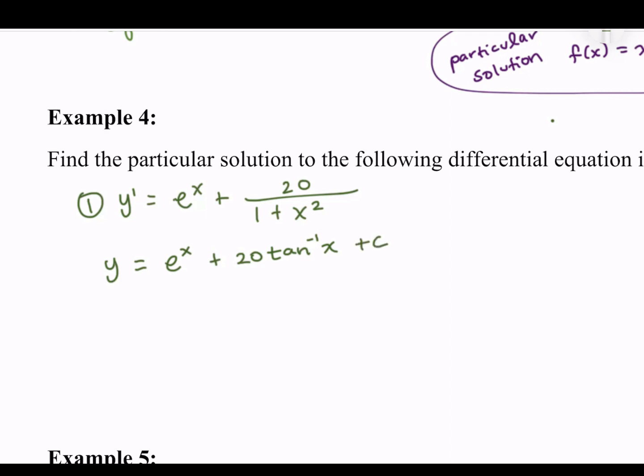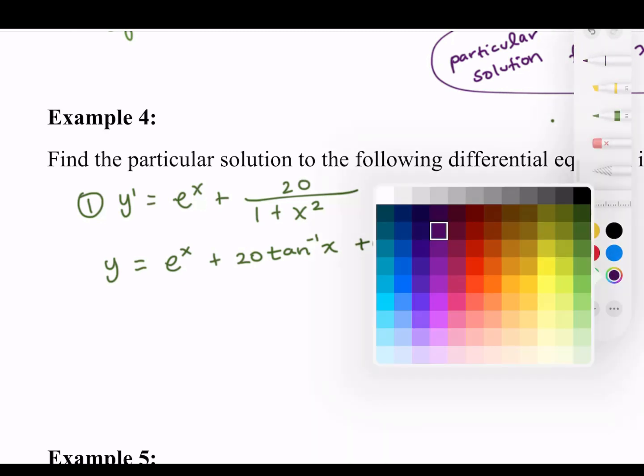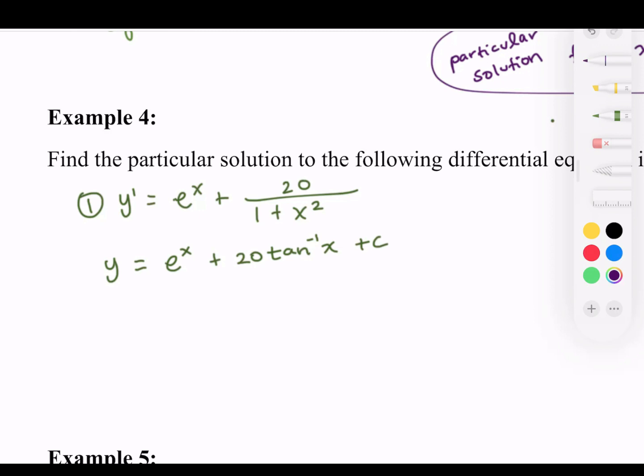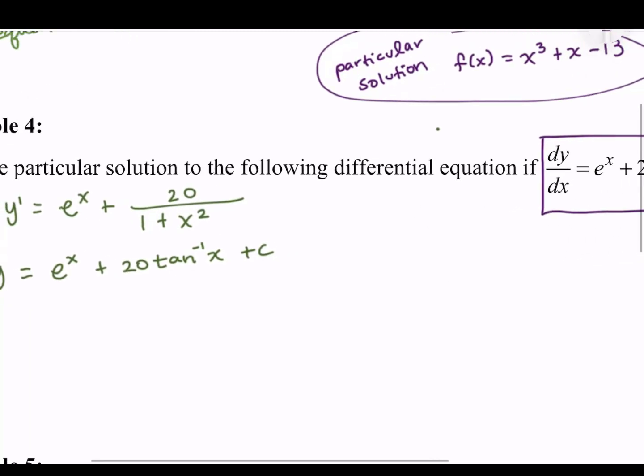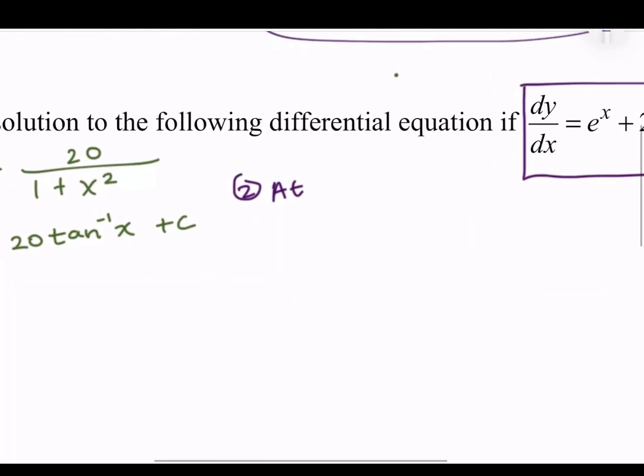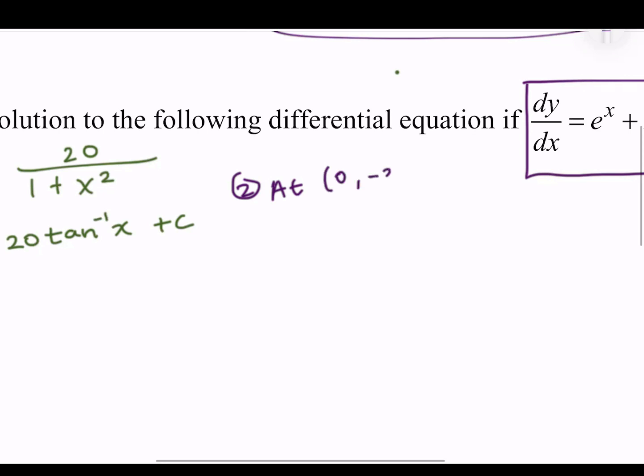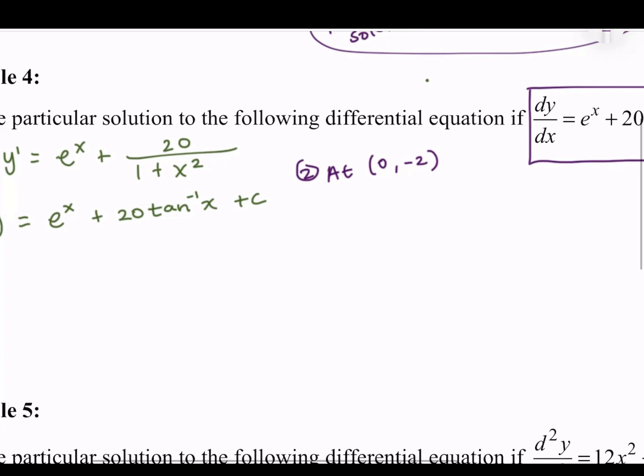So there's my general solution. And then I'm going to use my initial condition to solve for what c is. So step 2, I'm going to use the fact that at 0 we get -2. So I'm going to plug 0 into my equation. So I get e to the 0 plus 20 inverse tangent of 0 plus c is equal to -2.